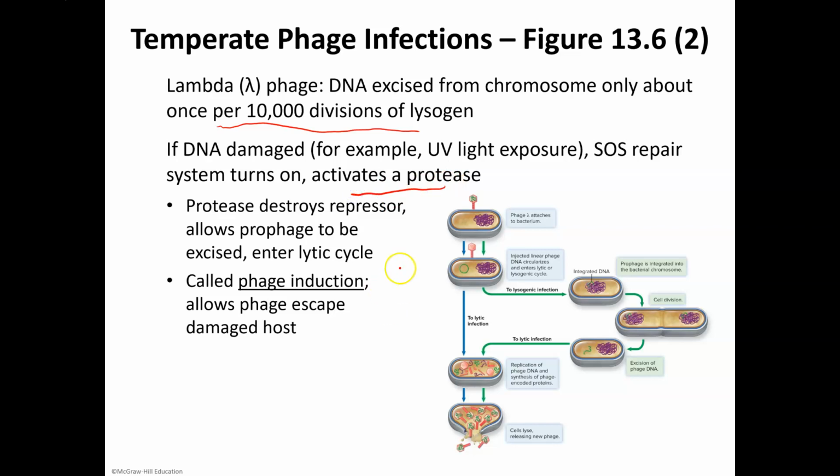The proteases destroy the repressors, which allow the prophage to be excised out. And so this is known as phage induction. And then the phage leaves without being damaged, and the phage leaves and survives while the cell itself dies.